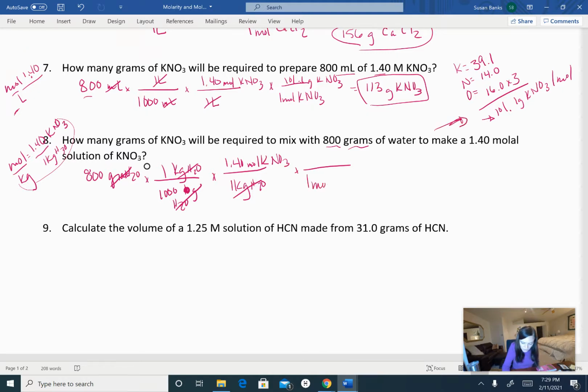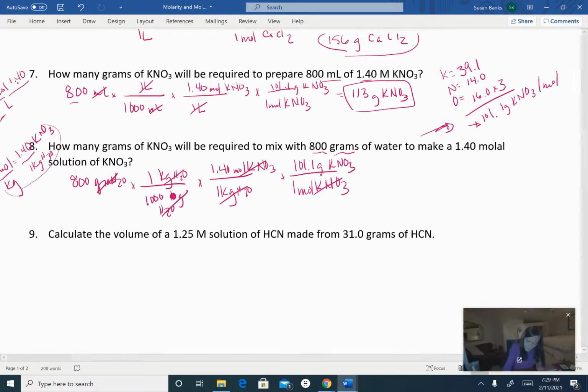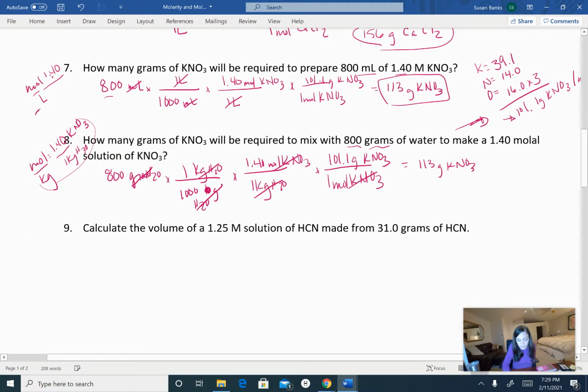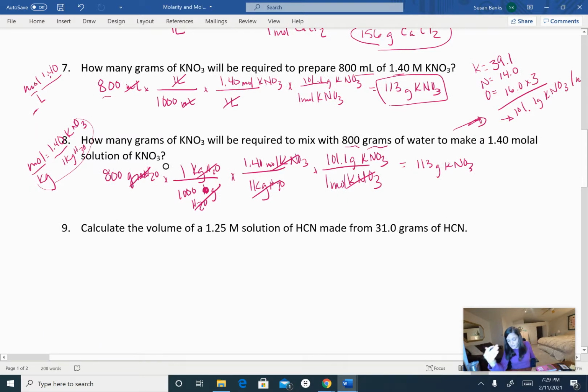So in 1 mole of potassium nitrate, I have 101.1 grams of potassium nitrate. So my moles of potassium nitrate cancel, and I'm left with grams. Now, mathematically, this is exactly the same as on top, so I'm going to need 113 grams of potassium nitrate. But notice my units are different. Instead of having liters on the bottom, I have kilograms.